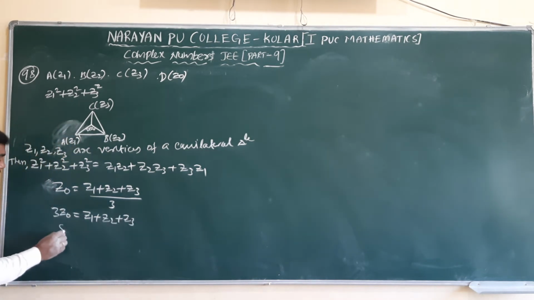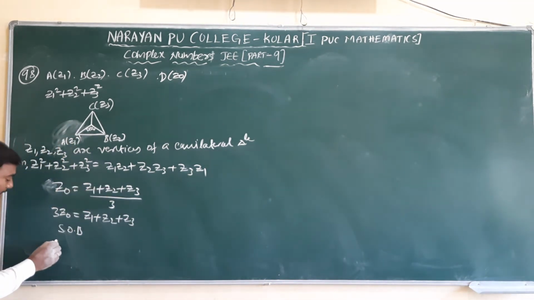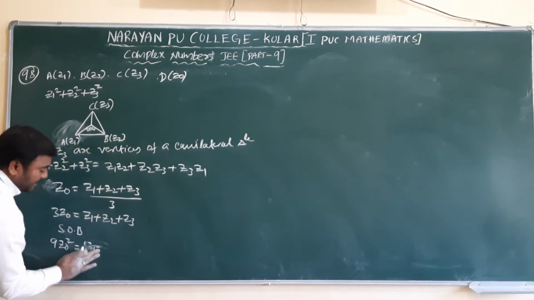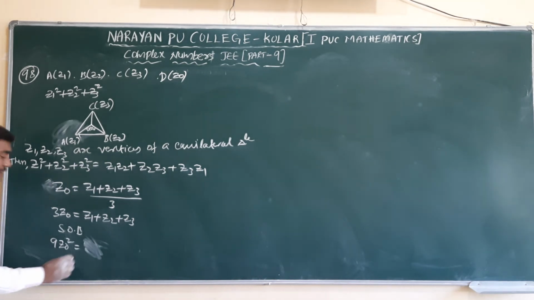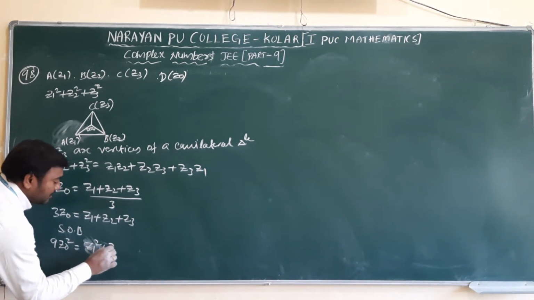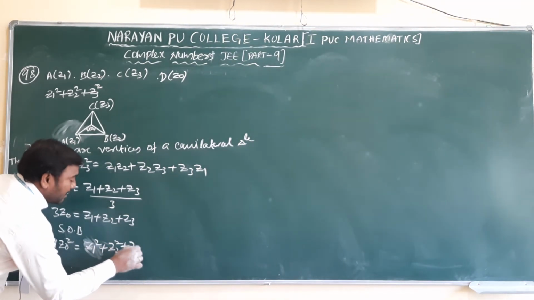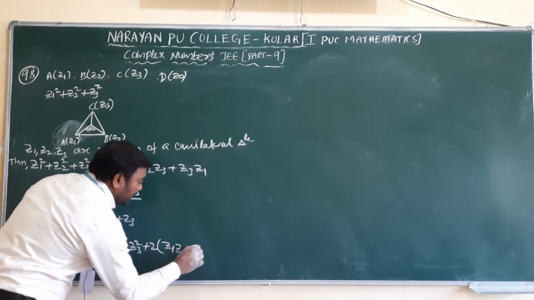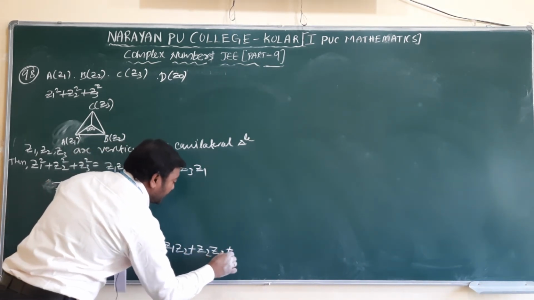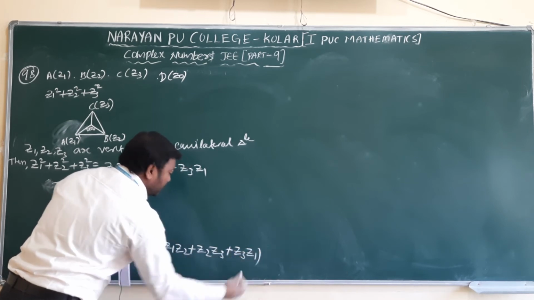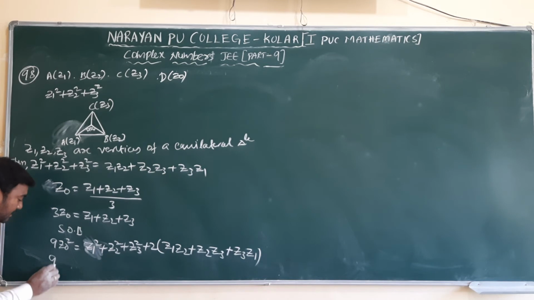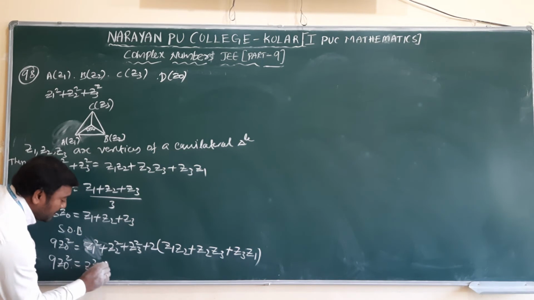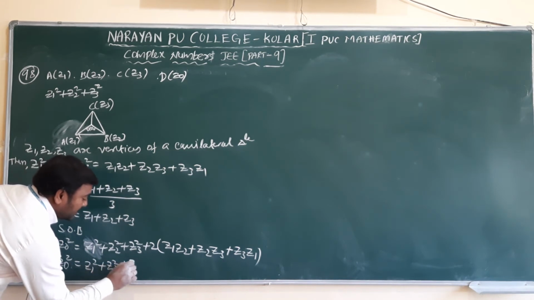Squaring on both sides, 9 Z0 square is equal to Z1 square plus Z2 square plus Z3 square plus 2 into (Z1 Z2 plus Z2 Z3 plus Z3 Z1), applying the (A plus B plus C) whole square formula. We already know that Z1 Z2 plus Z2 Z3 plus Z3 Z1 equals Z1 square plus Z2 square plus Z3 square.